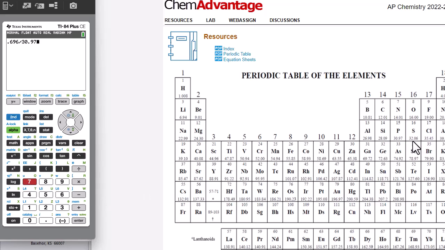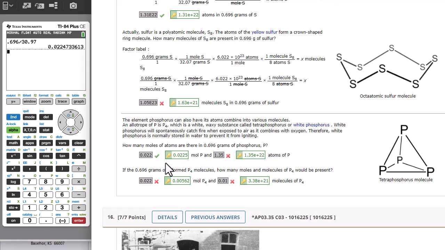We divided by sulfur before, which was 32.06. So this is a lighter atom, and with that, we're going to have more moles. It takes more atoms to make up this 0.696 grams. So there's our moles, 0.02255, rounded off to 3 significant digits.